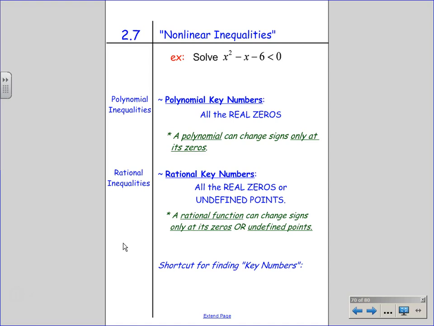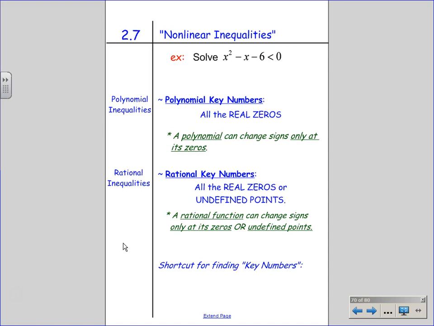Except instead of just finding points for our graph, we're going to have to be finding test values to check whether the inequality is true or false.